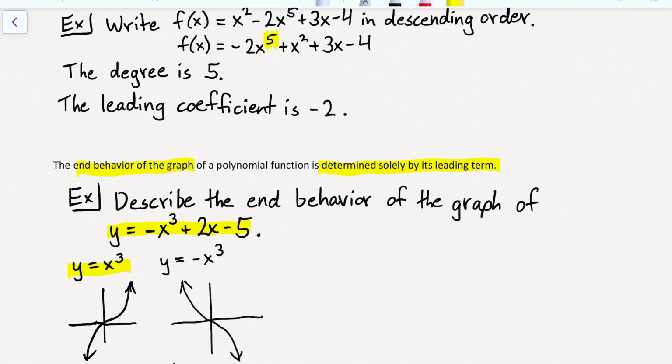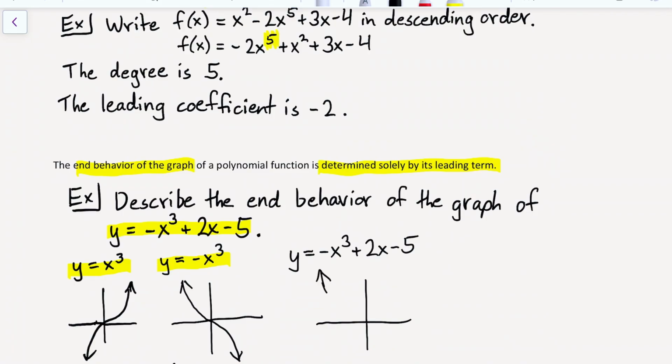So the end behavior of the function above is the same as the end behavior of y equals negative x cubed. Those other terms, 2x and minus 5, don't really make a difference when we look out to positive and negative infinity. So when I sketch the graph of y equals negative x cubed plus 2x minus 5, I can say some things with confidence.